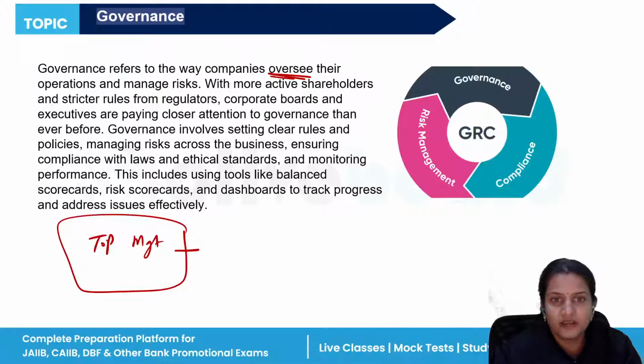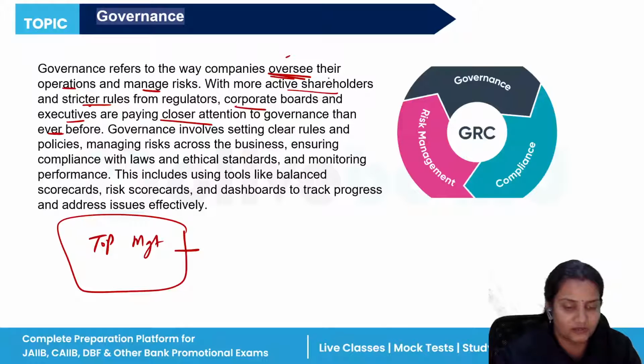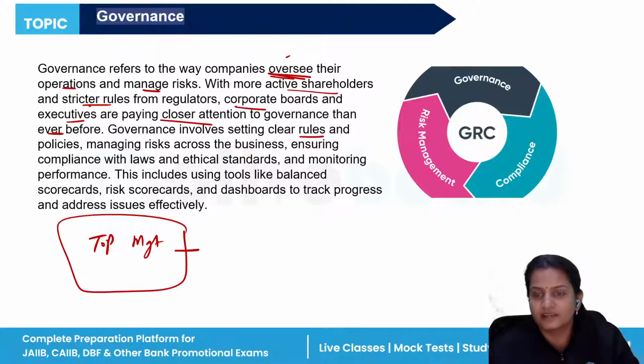Governance refers to the way companies oversee operations and manage risk. With active shareholders and stricter rules, corporate boards, regulators, and executives have to pay closer attention to governance than ever before. It includes setting new rules, managing risk in the business, and ensuring that everyone is following the laws, rules, and regulations.